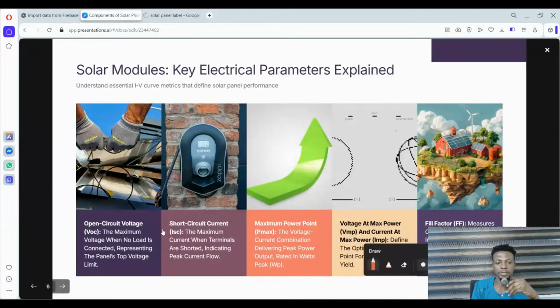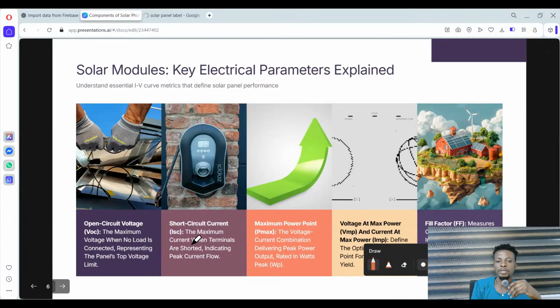You're going to see the open circuit voltage, and this is the maximum voltage when no load is connected, representing the panel's voltage limit.